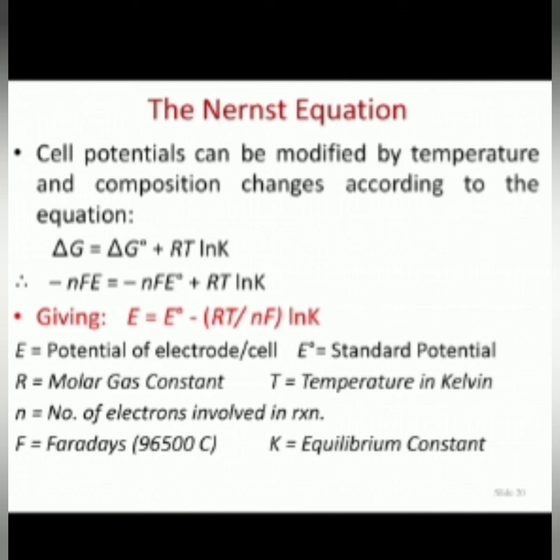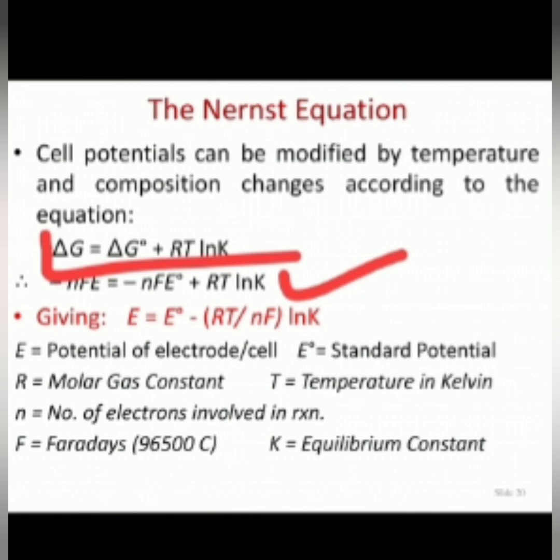As we know, cell potential can be modified by temperature and composition changes according to the equation: delta G equals delta G standard plus RT ln K. Here minus nFE equals minus nFE naught cell in standard condition plus RT ln K. These are a combination of two reactions, giving E equals E naught minus RT upon nF ln K.